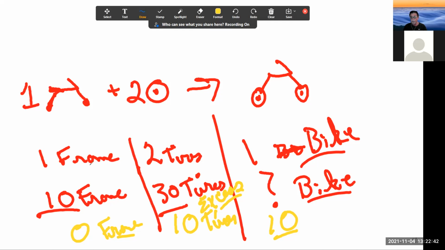And so what limits my process of making the number of bicycles at the end is, in this case, the number of frames, because I have an excess number of tires. And the reverse can also be true: I can have not enough tires, but an excess number of frames.